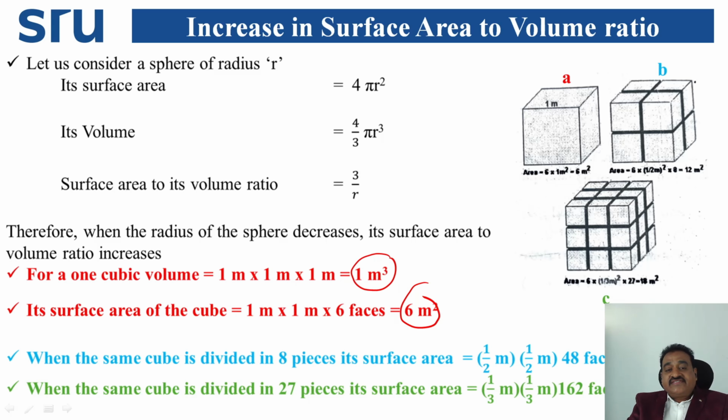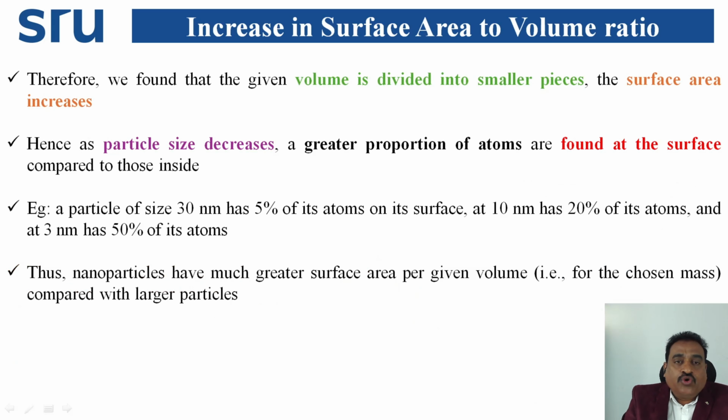As the bulk material is divided into a number of pieces, the surface area of the nanomaterial is increasing. Therefore, we found that when the given volume is divided into smaller pieces, the surface area increases.